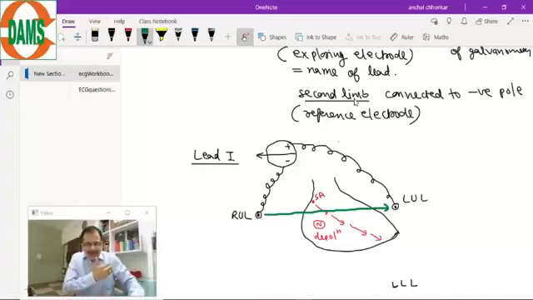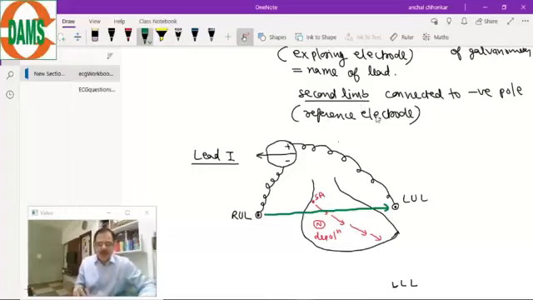So scientists kept the exploring electrode mainly on the left side or the left lower leg, because the net movement of the positive ions is towards the left side. So we'll see mainly a positive fluctuation. This is the fundamental reason why the majority of exploring electrodes are kept on the left side.